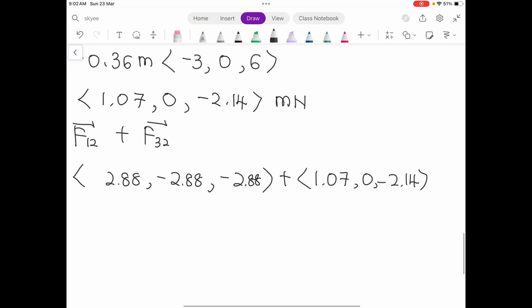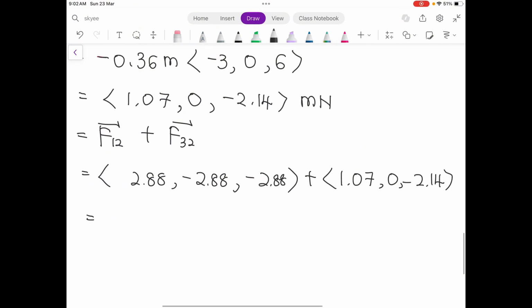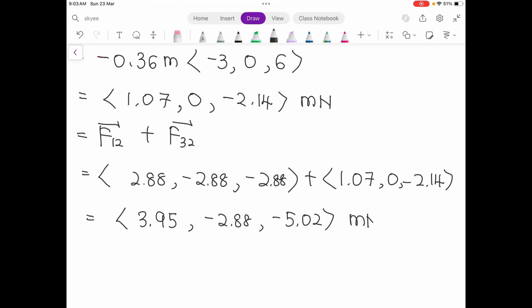The total will be 3.95 for the X, and -2.88 for the Y, and for the Z, minus 2.14, you get -5.02 millinewtons.